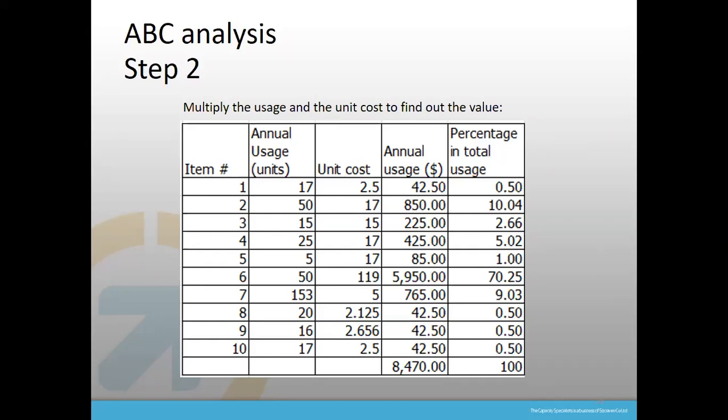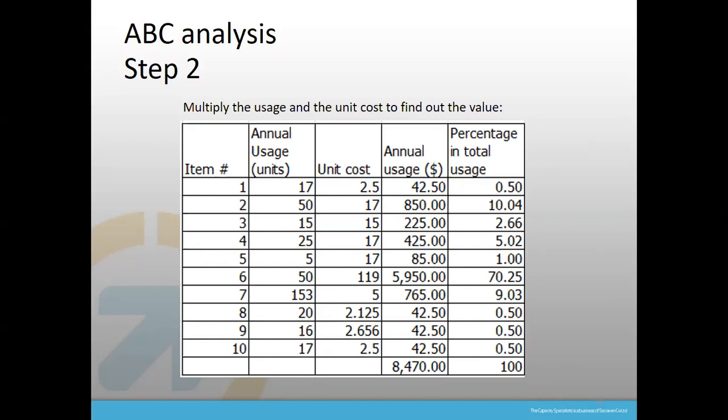The total is $765 per year. So we see, even though this is most units, because the value is lower, the total annual usage is $765, far less than number 6, right? And then for 8, 9, and 10, the total annual usage is $42.50, same as unit number 1.